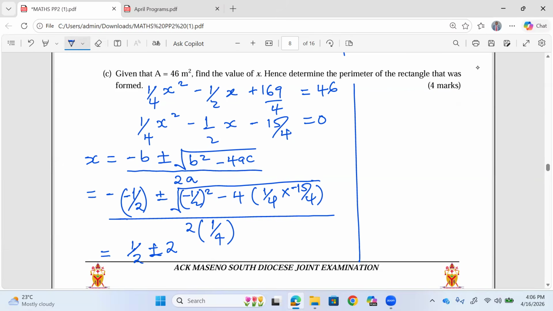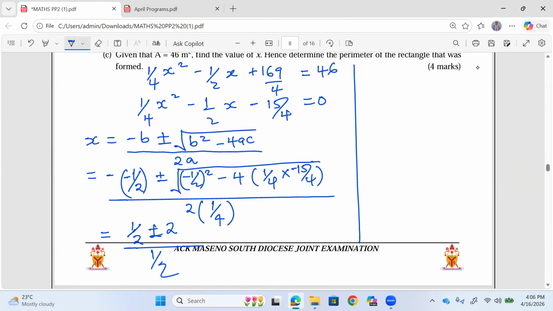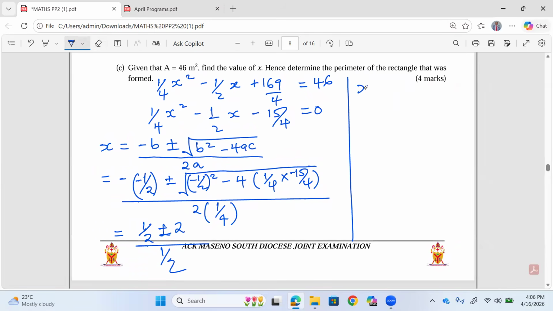So now with that, we can divide everything here by 2 times a quarter, which becomes half. So we can now continue solving. The first value of x equals half plus 2.